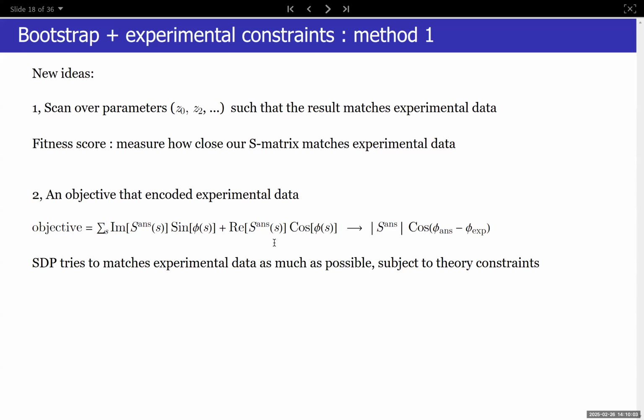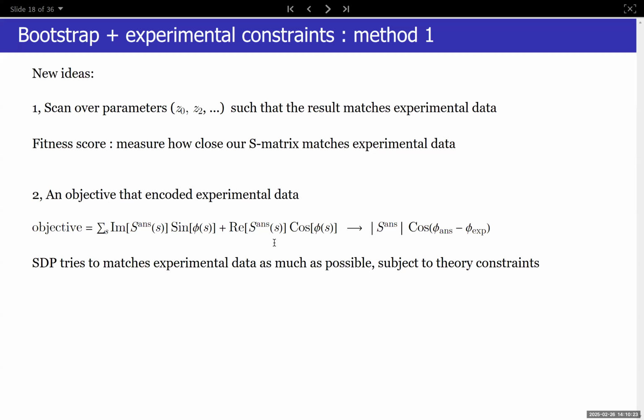We can demand that this S matrix have a 0 at a certain point of the complex range, and use this condition to solve for two unknown variables in the ansatz. That is something we can impose, and we can scan over those parameters. For different parameters, we get different solutions.